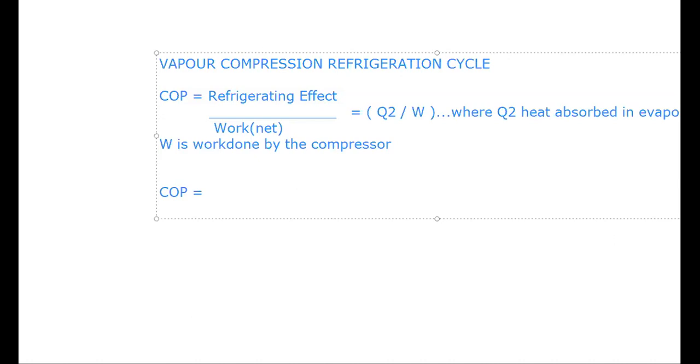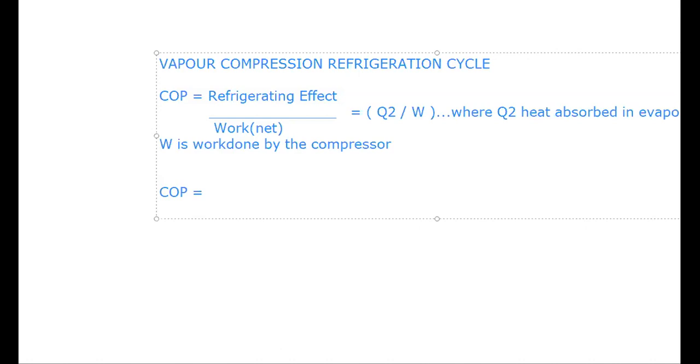You can see the pH diagram also: process 4 to 1 is where heat is absorbed from the food substances. That means there is a change in enthalpy. You can see the enthalpy at point 4 and the enthalpy at point 1. The difference of these enthalpies is nothing but the heat absorbed.